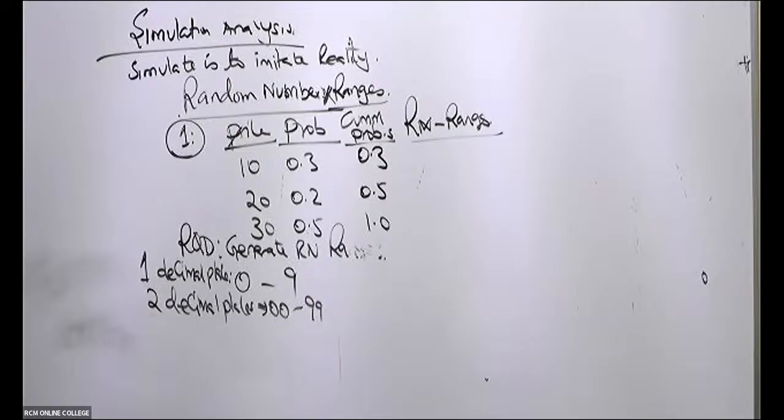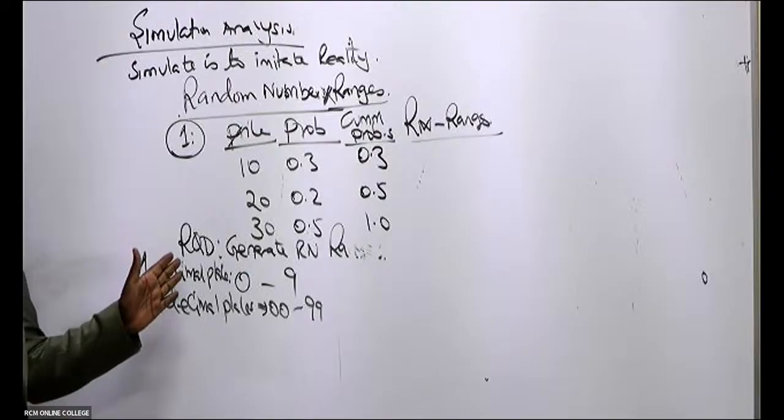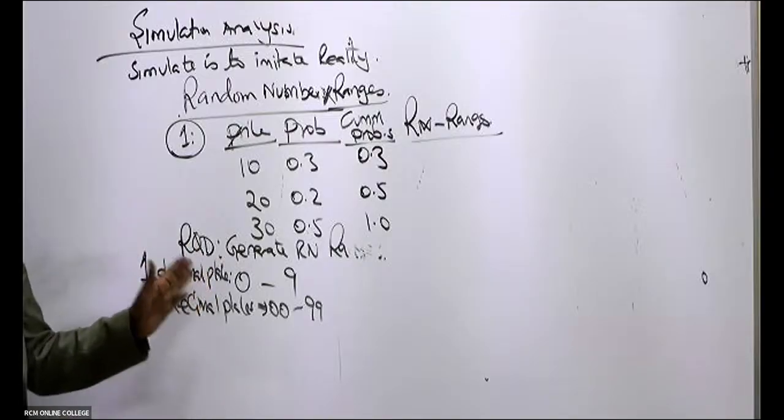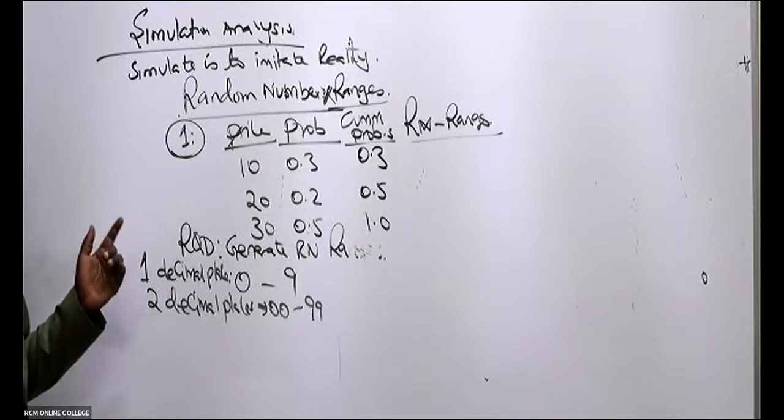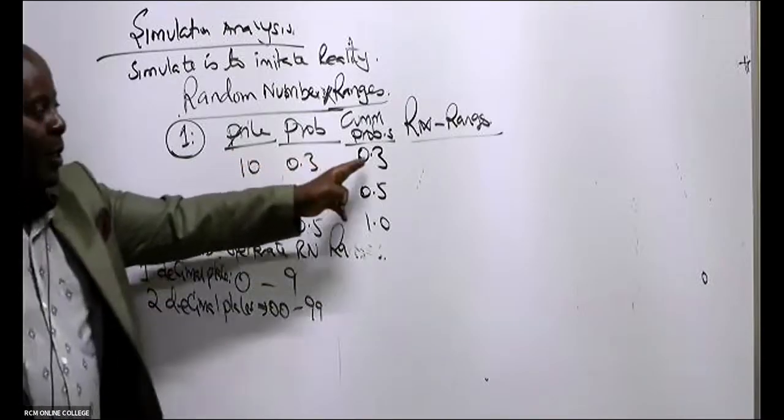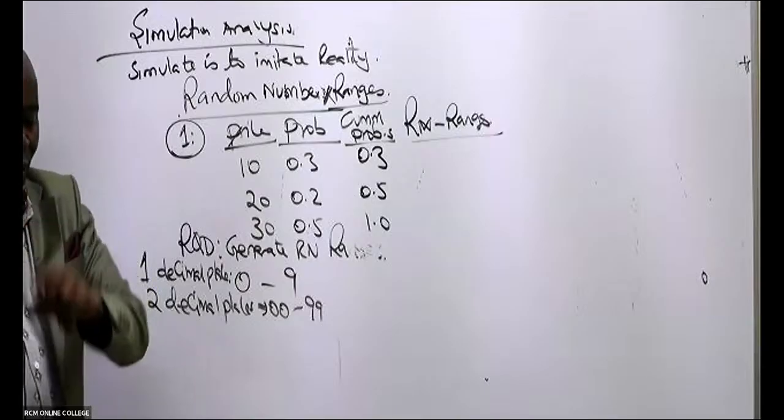So generate random number ranges. The random number ranges you generate depend on the decimal places. When you have only 1 decimal place, this is how the ranges will look: 0 to 9. If there are 2 decimal places, we talk of 00 to 99. Here we have 1 decimal place.